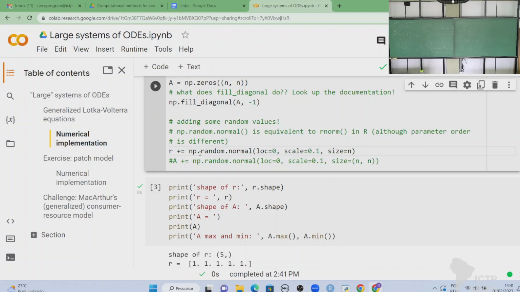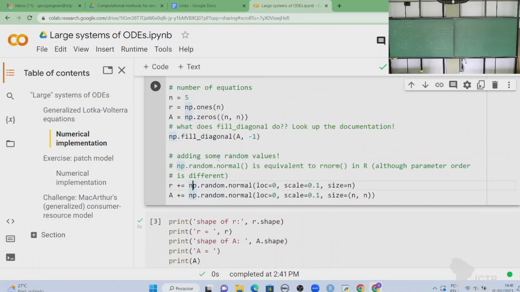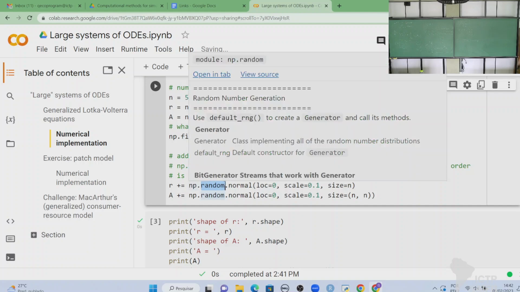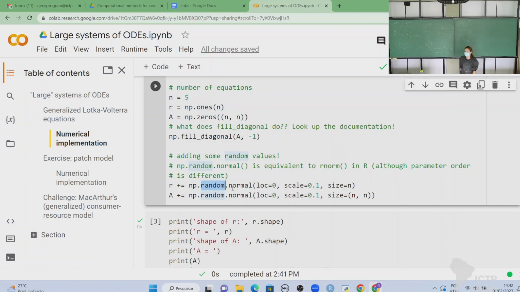I have this function here, np.random. This is inside NumPy, a submodule called random, and inside it you have functions that generate random numbers, okay?